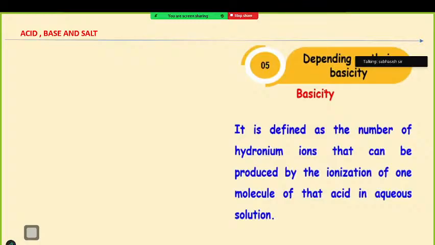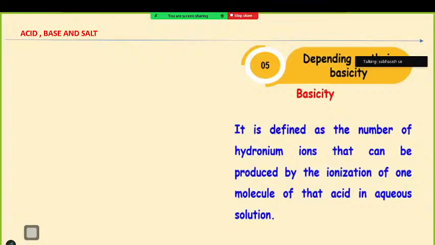Now the last one that we classify is on the basis of basicity. Depending upon the basicity, acids can be classified in different ways. What does the term basicity mean? Basicity means how many H plus ions one molecule of the acid gives.